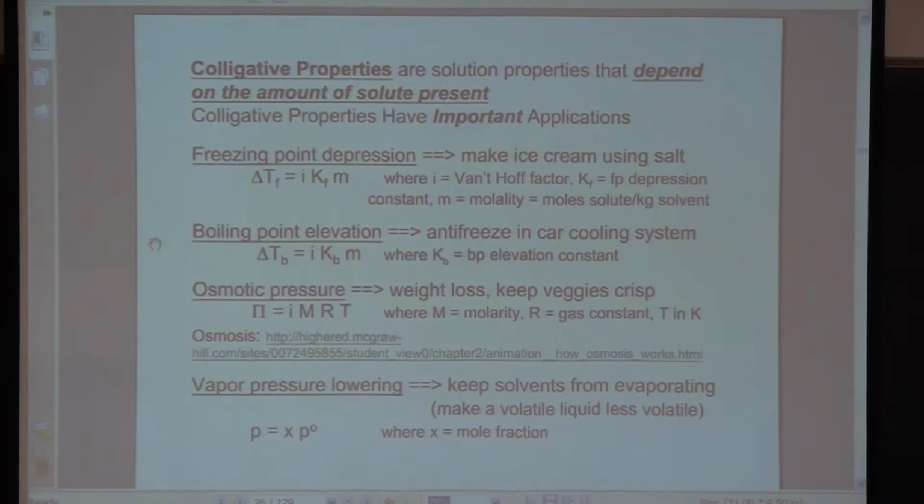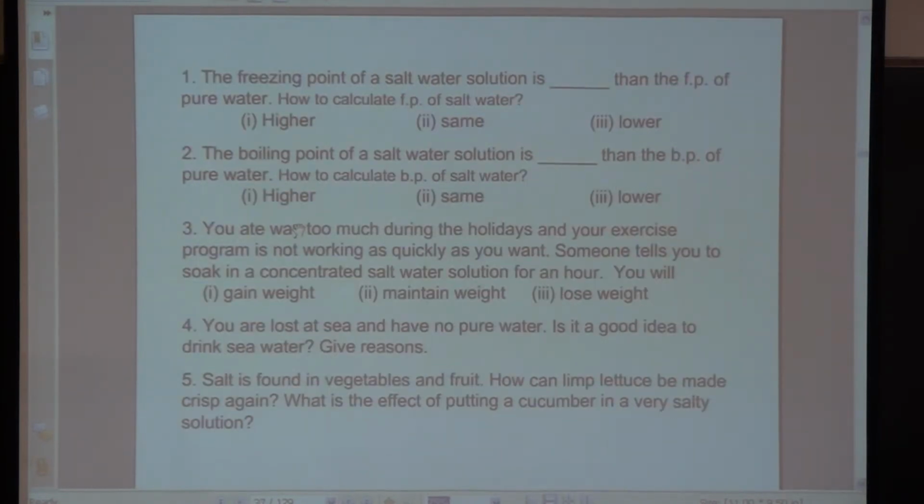Okay, so here are some equations, and we'll look at these in more detail. Let's take a look at it qualitatively first before doing some calculations. So the freezing point of a saltwater solution, is it higher, the same, or lower than the freezing point of pure water? We don't live in a place where it snows, but what's the reason for putting salt on ice on roads?